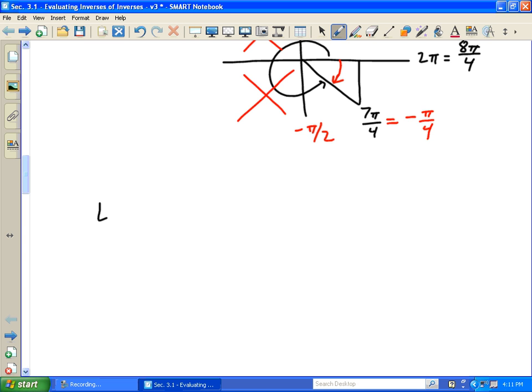Okay, looking at another example, on this particular one, I'm going to make a change. Let's say we do sine of sine inverse of 0.35. Now this is different.